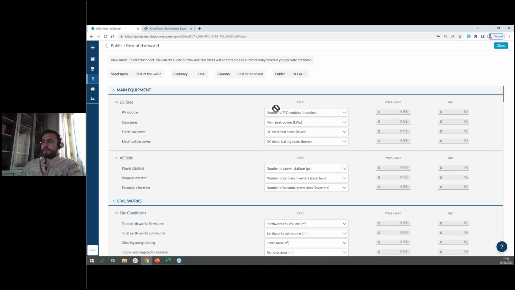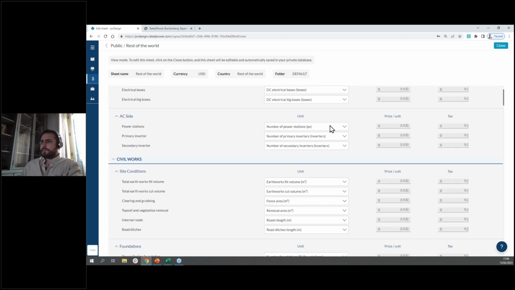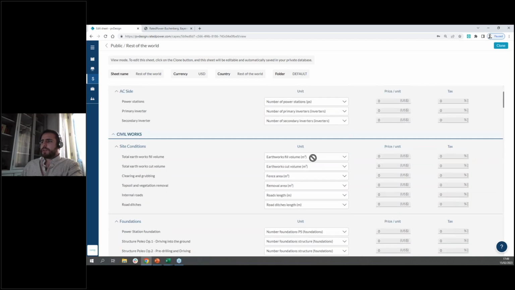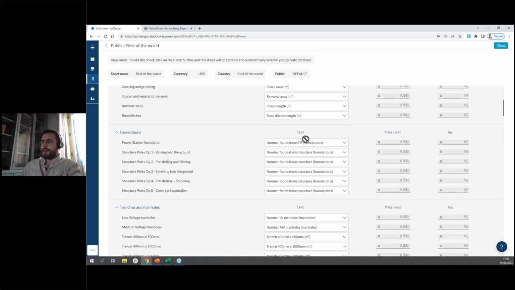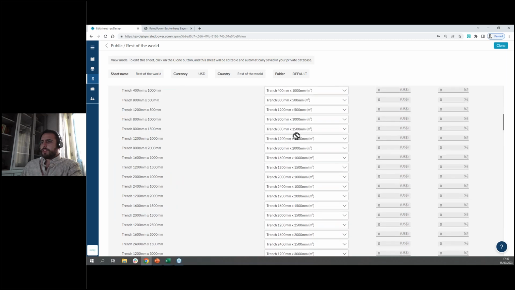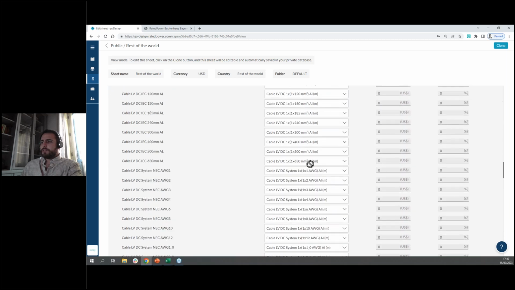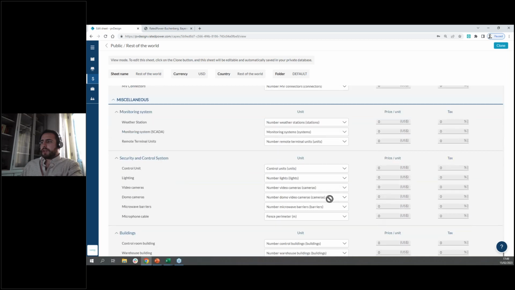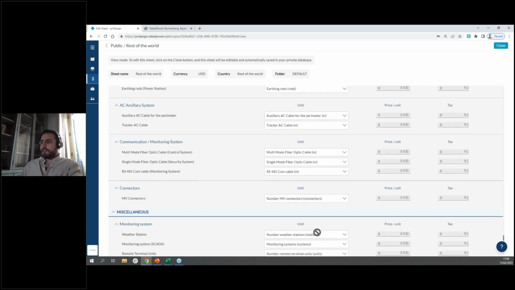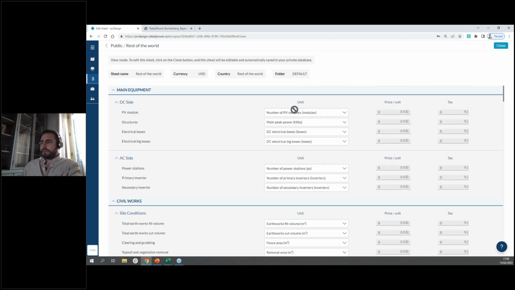So if we know the prices for each module, we can set here this price, also for the structures or the boxes, power stations, inverters, earthworks like cut and fill, fence area, foundations, all the trenches and cables. So we can give a price to each element of the PV plant, and in that way we have a really accurate estimation of the CapEx of the PV plant.